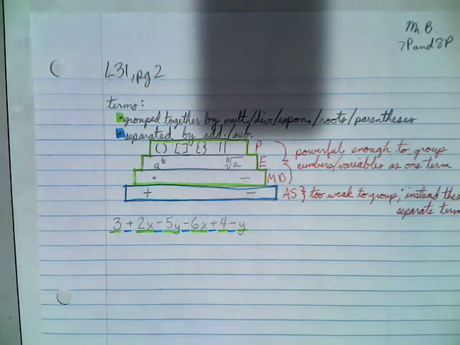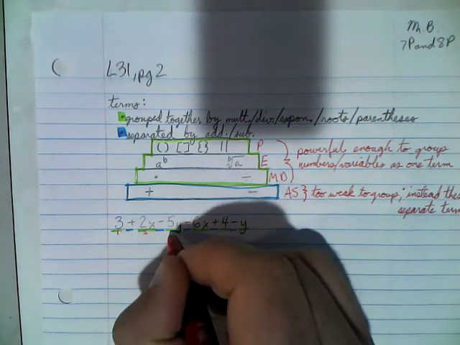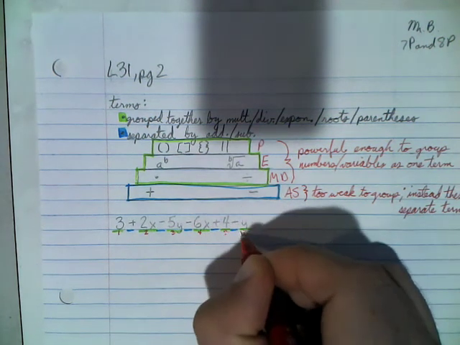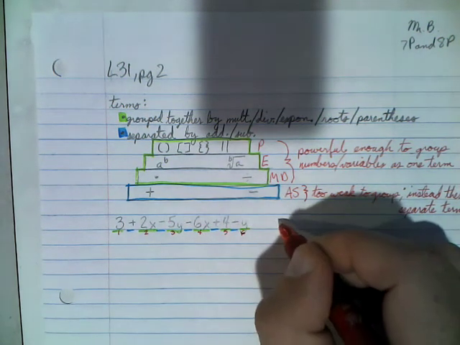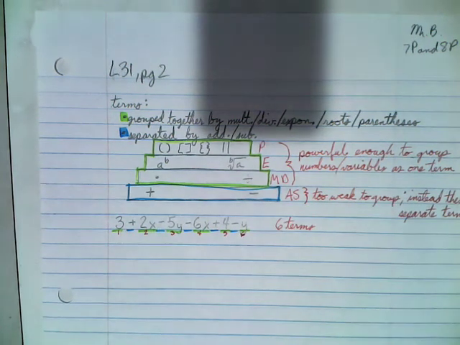And so if we do a quick count here, this is my first term, my second term, my third term, fourth, fifth, and sixth. So this has 6 terms.